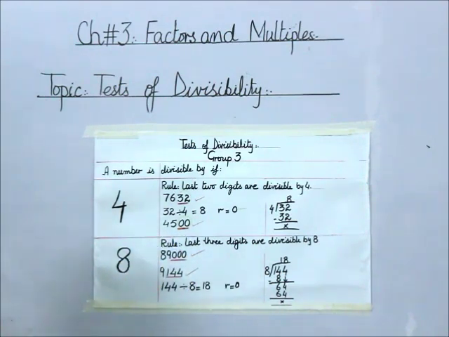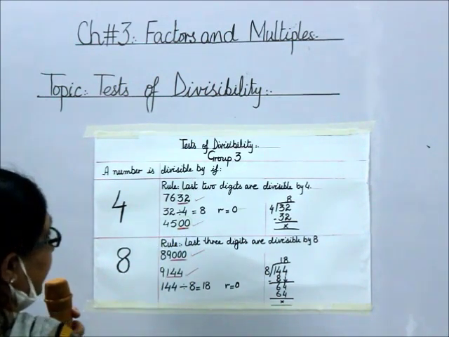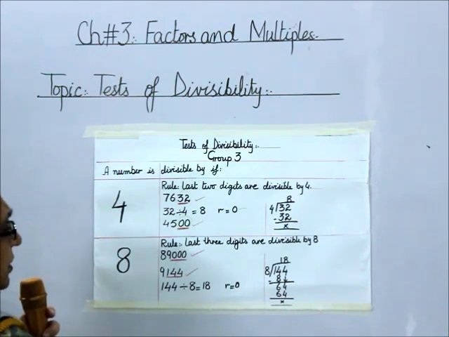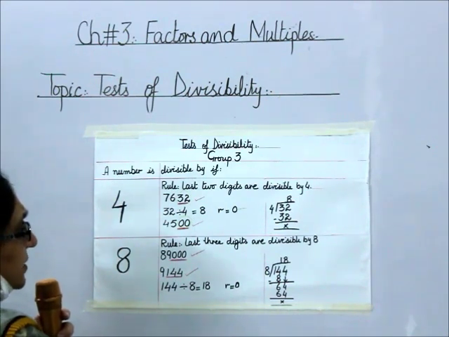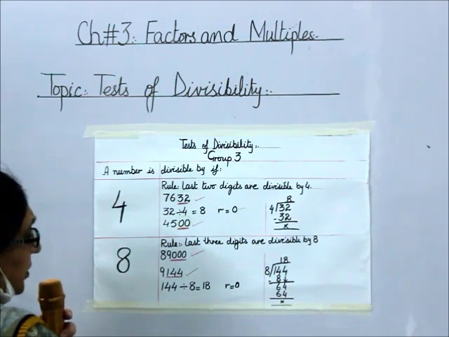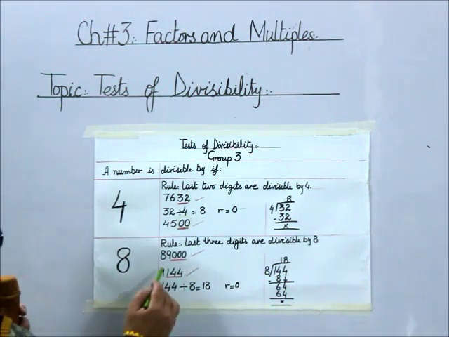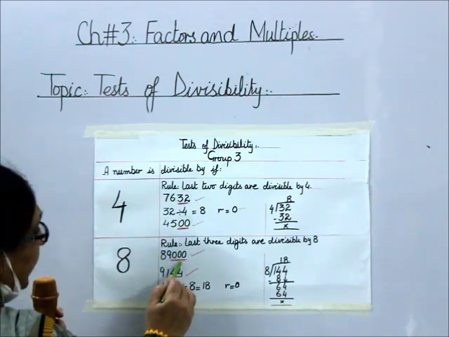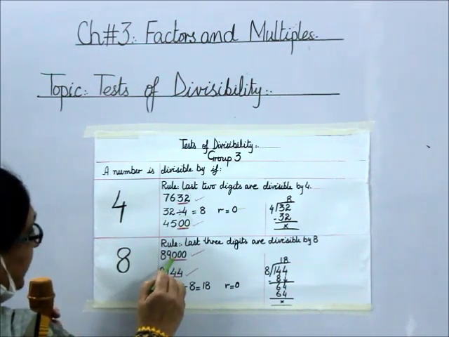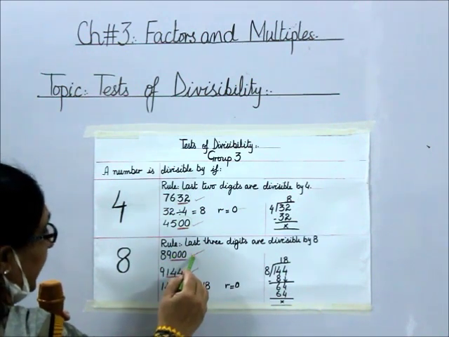The rule for number 8 is if the last three digits are 0, or the number formed by hundreds, tens and ones is divisible by 8, then the whole number is divisible by 8. Look at this number, it is 89,000. It has three zeros at the ones, tens and hundreds place, so it is divisible by 8.